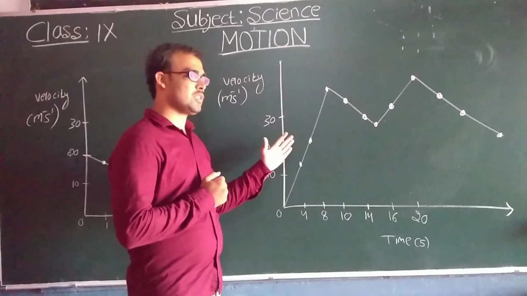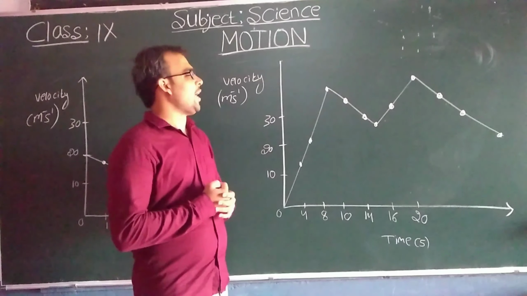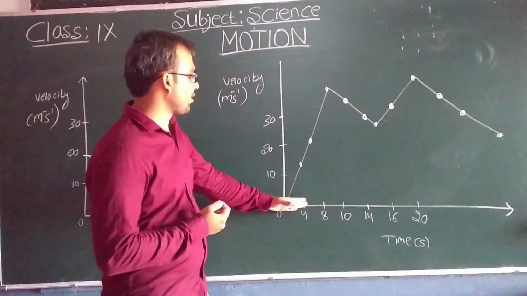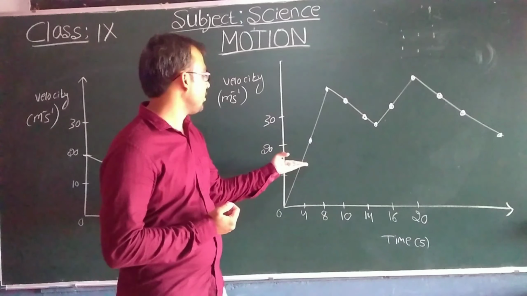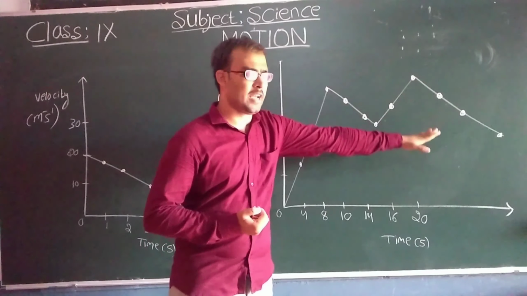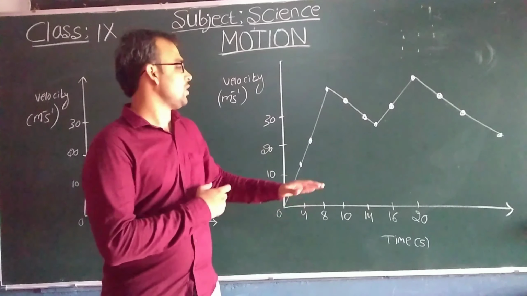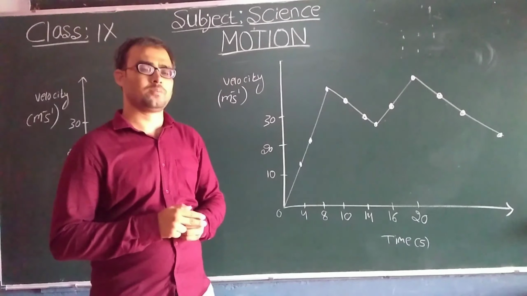As the time proceeds, at some points the velocity increases, at some points the velocity decreases, again increases, again decreases. So this graph represents the non-uniform acceleration of an object.